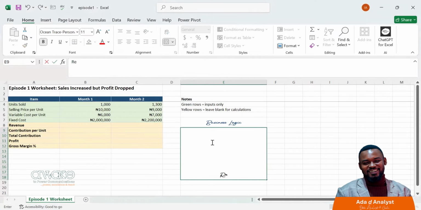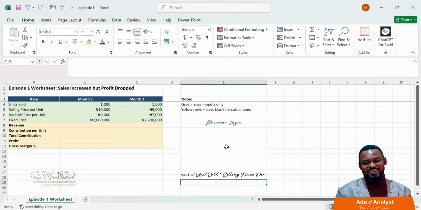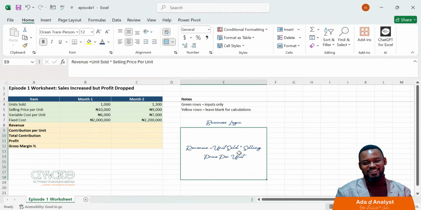If we were to calculate revenue manually, revenue will be equal to our units sold multiplied by selling price per unit. Is that clear? Revenue is units sold multiplied by selling price per unit.